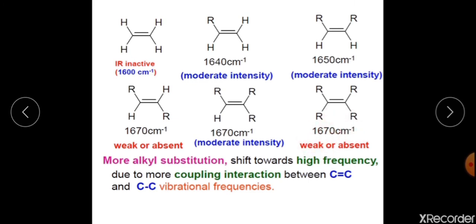This is the least substituted alkene, CH2 double bond CH2, and this is the highly substituted alkene in which all 4 hydrogens have been replaced with 4 R groups.